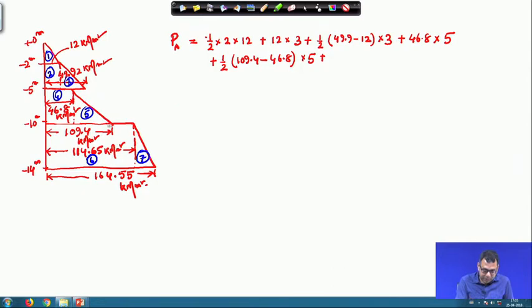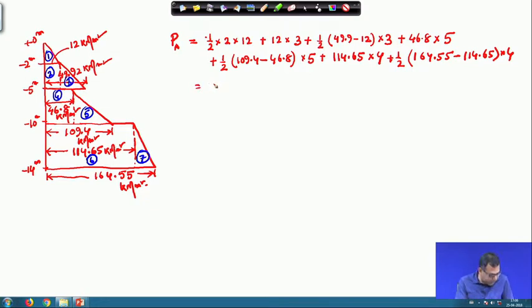Now, the sixth part is a rectangle, 114.65 into 4 meter, because this is 14 minus 10, 4 meter. And then the final, seventh part, again a triangle, the total is 164.55 minus 114.65, into 4.